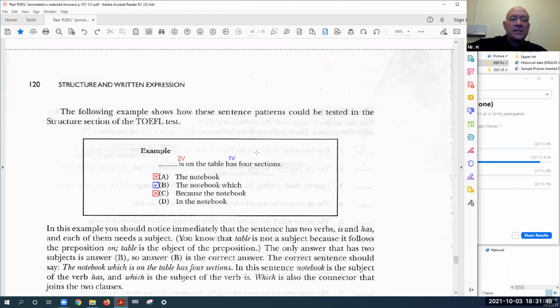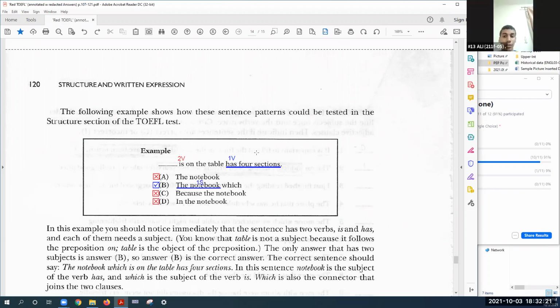How about delta, guys? What's wrong with delta? In the notebook, it's an object, right? So where is the main clause here, gentlemen? Find the main clause. It's separated. Yes, separated. The notebook has four sections. So the main subject is the notebook.